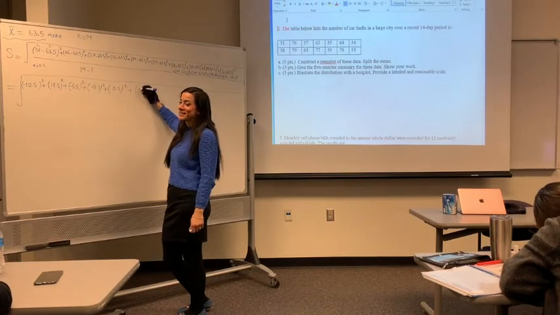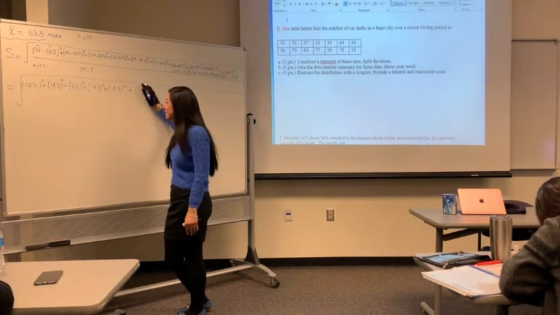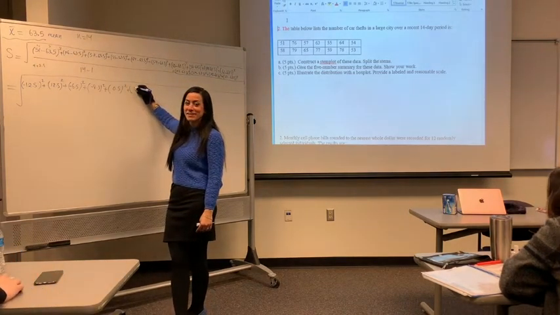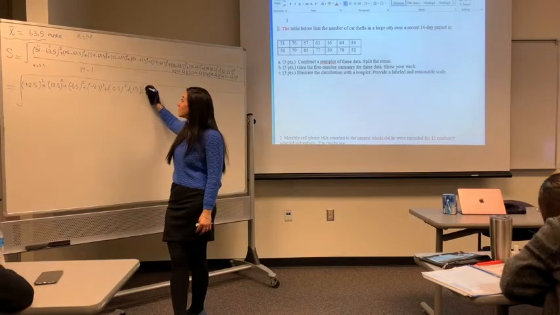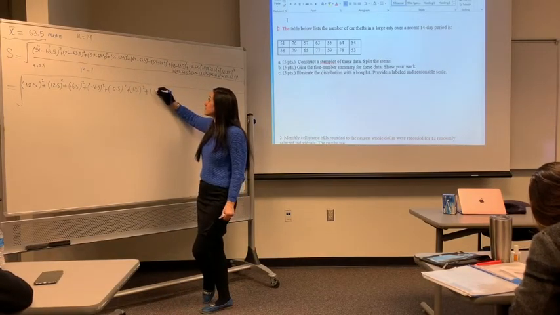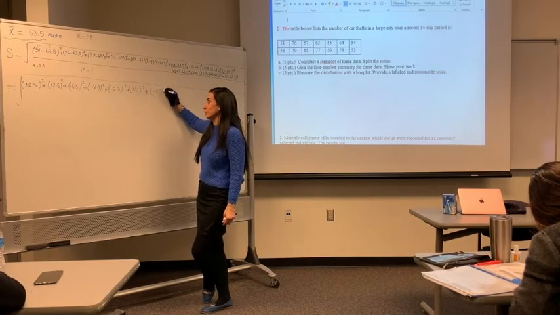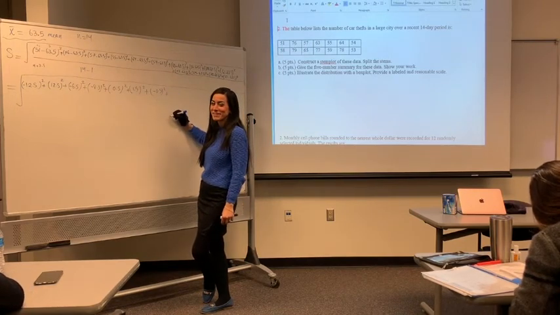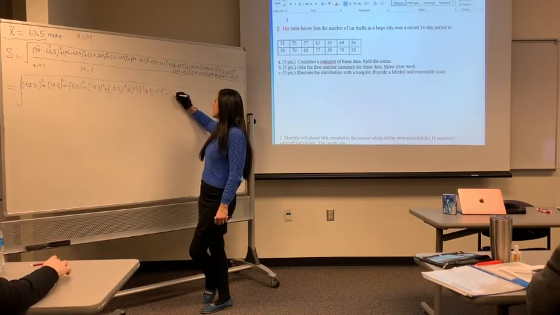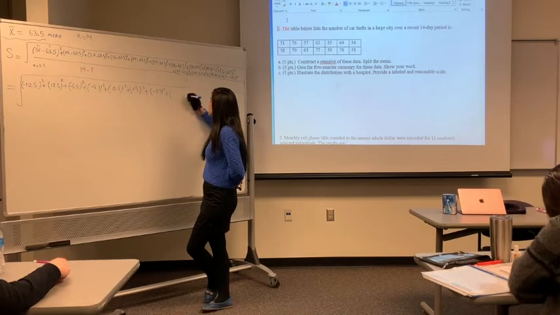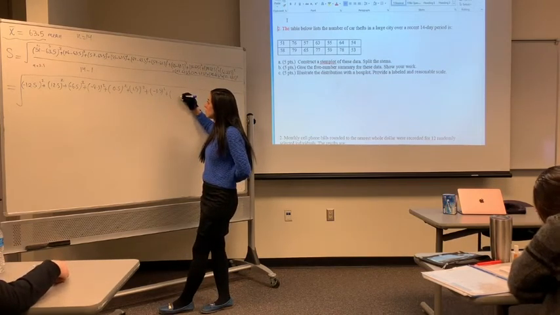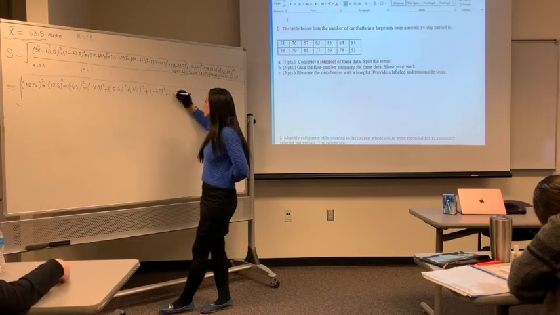Okay, next one: 1.5. Plus what? 1.5 power 2 plus, this one is negative for sure. 63 minus 63.5, and then 58 minus 63.5 is negative 5.5.